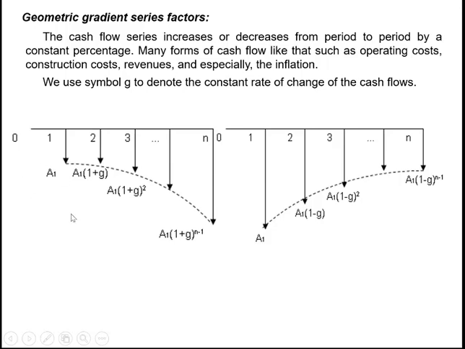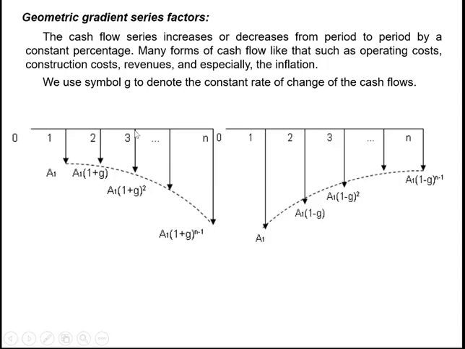The first value of the cash flows at period 1 is I1, and then the cash flows increase by a percentage of t from period to period. So at period 2, the cash flow is I1 times (1 plus t).